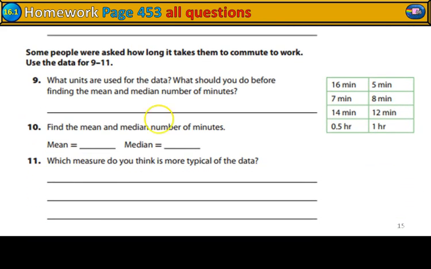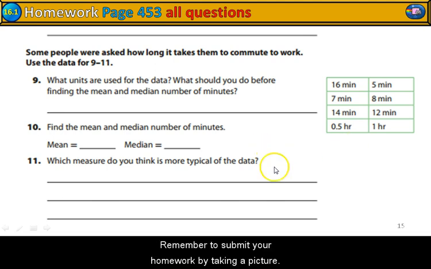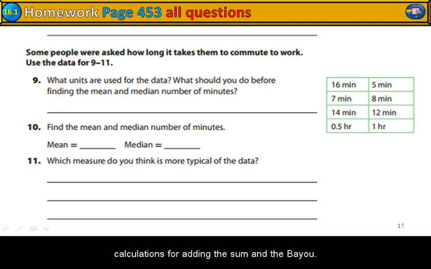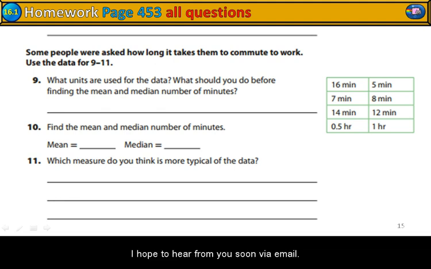With questions 7, 9 through 10, use the data tables on the right to calculate these. Remember to submit your homework by taking a picture, and I recommend using a calculator to make these calculations for adding the sum and dividing. But do show work that you're adding up all the values by writing the addition expression. I hope to hear from you soon via email.